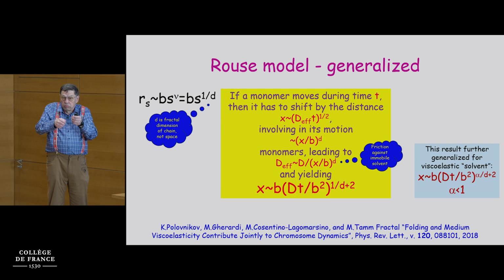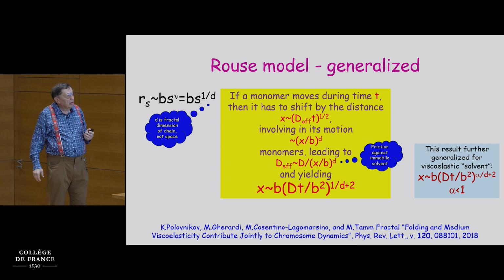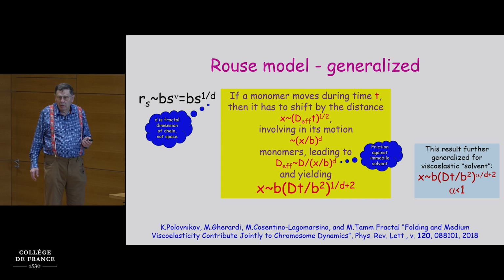So if you move this distance, you have to pull this blob with you, otherwise how can you move, right? So therefore, not only one monomer moves, but this number of monomers move together. And therefore, the effective diffusion coefficient is the diffusion coefficient of one monomer divided by the number of monomers involved in the motion.